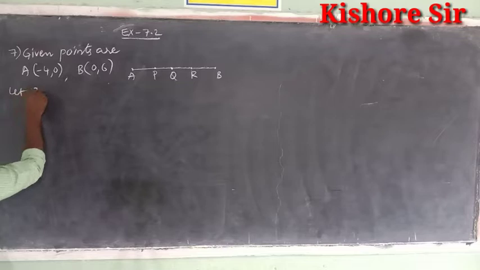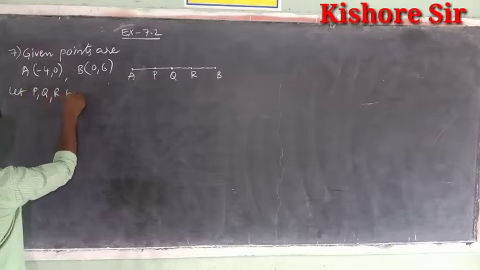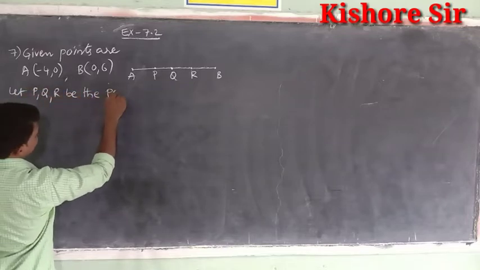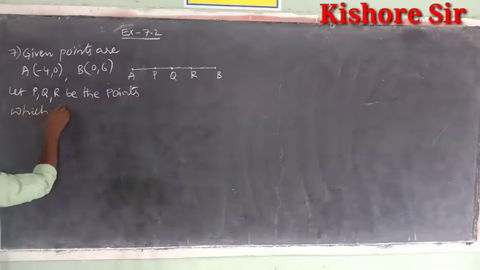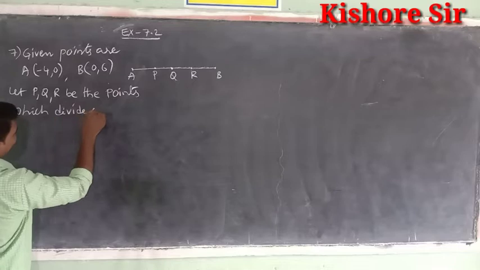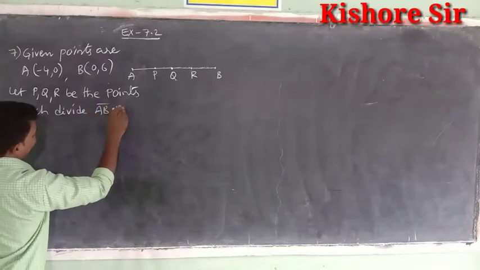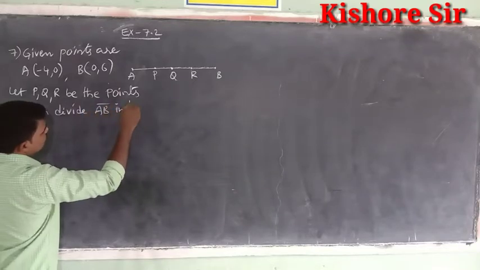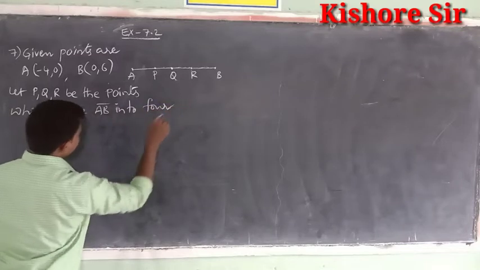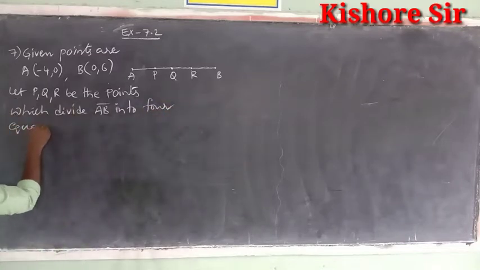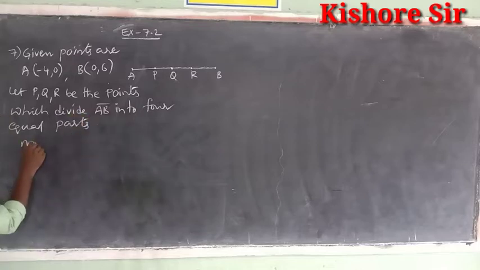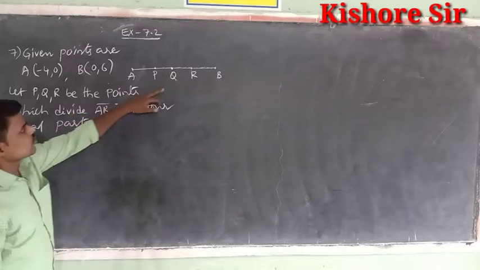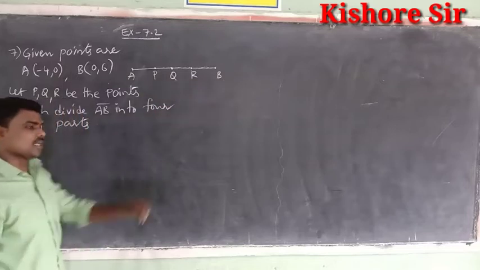First write: let P, Q, R be the points which divide the line segment AB into 4 equal parts. Q is the midpoint of the line segment AB.